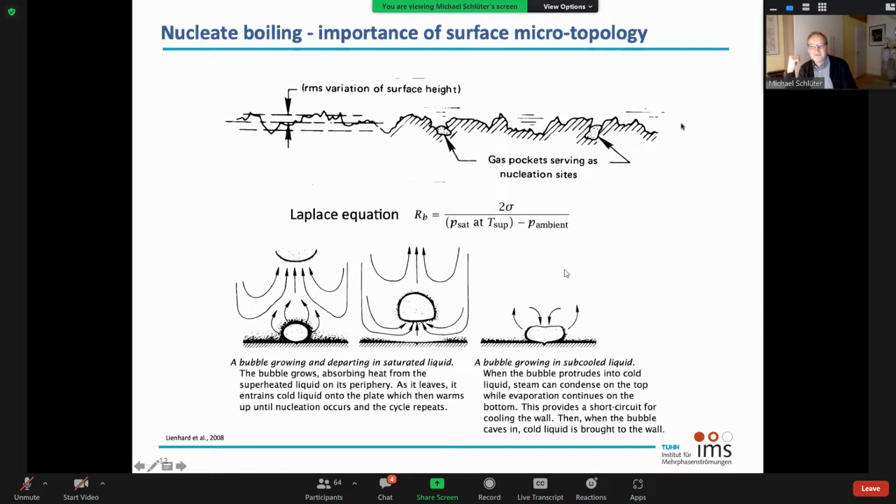What happens if we have a very, very flat and a very, very smooth surface? What happens in that case if you increase the superheat? Is it that the bubbles, it's harder to form the bubbles and the temperature keeps rising? Exactly. You're right. And what is the problem? Why is this so dangerous? I think maybe the vapor film forms.